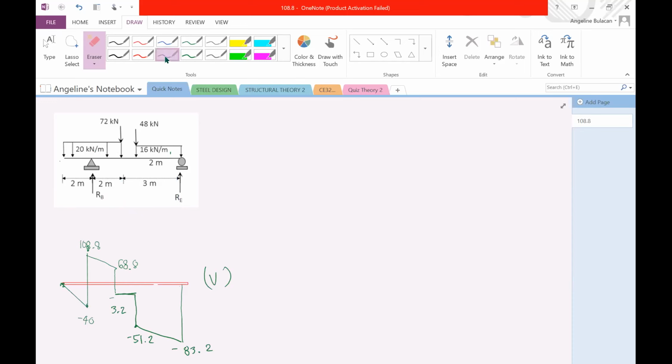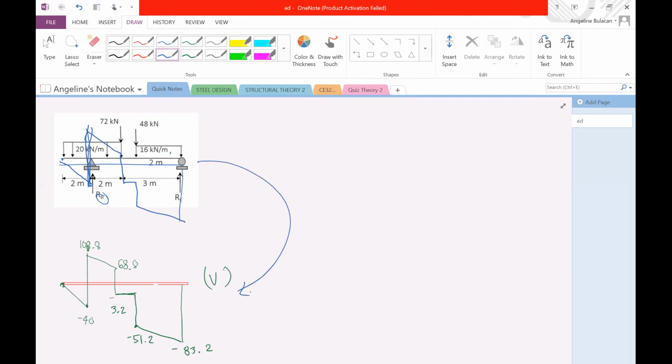So, ulitin ko yung nangyari. So, from 0, no? Tapos, gradual change. Ayan. Tapos, biglang may reaction ka. So, akyat ka bigla. Straight line yun. Akyat. Tapos, gradual change, baba. Tapos, minus 72. Dire-diretso, walang load. Baba ka ulit dahil sa 48. Tapos, yung 60 naman. Yun. So, yun. This is equal to this one.